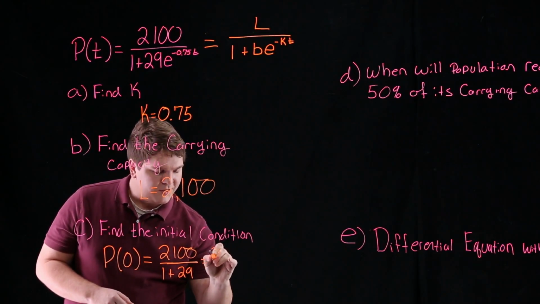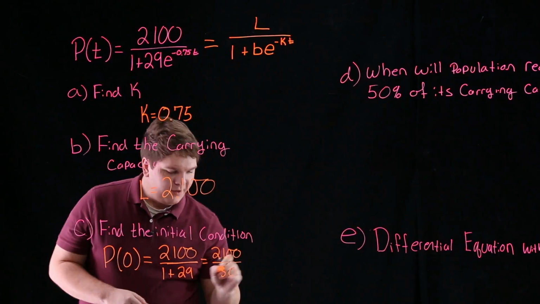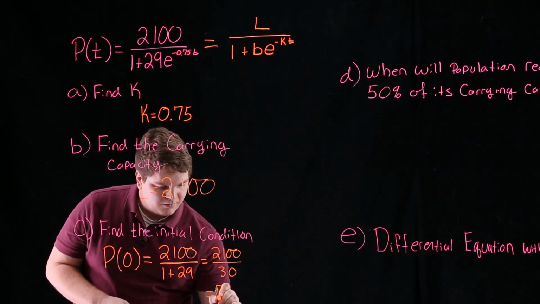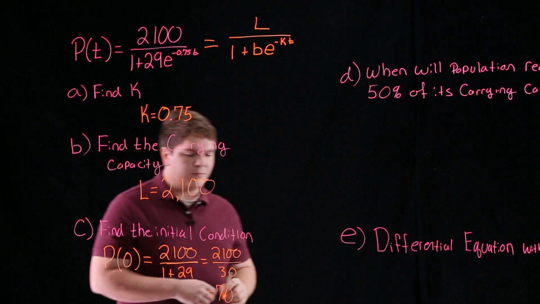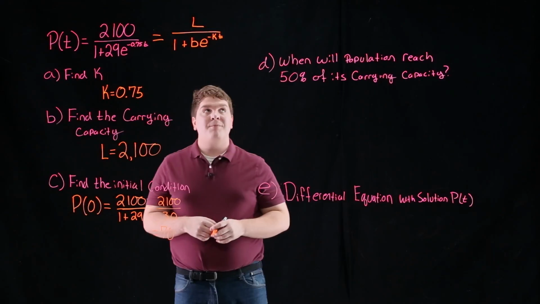So P of 0 is 2100 divided by 30, which is 70. So the initial condition is P of 0 equals 70.